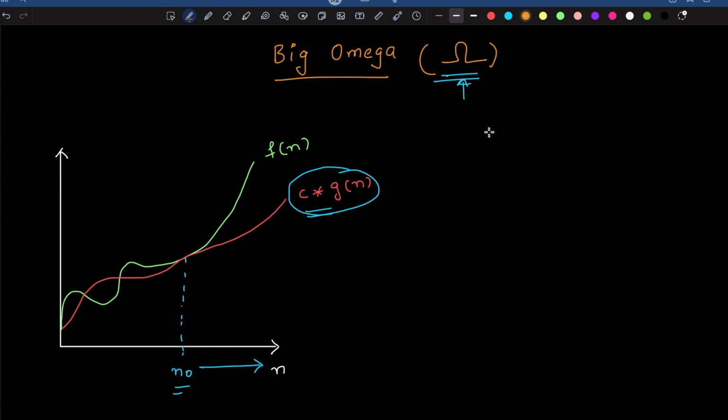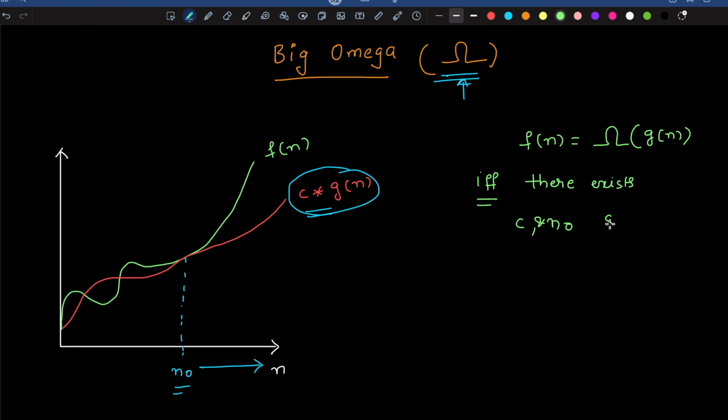So formally, as per the definition of big omega, I can write it down as f of n equals big omega of g of n if and only if, I'm just writing it as IFF, it represents if and only if there exist constants c and n0 such that 0 is less than or equal to c into g of n, and c into g of n is less than or equal to f of n for all values of n greater than or equal to n0.